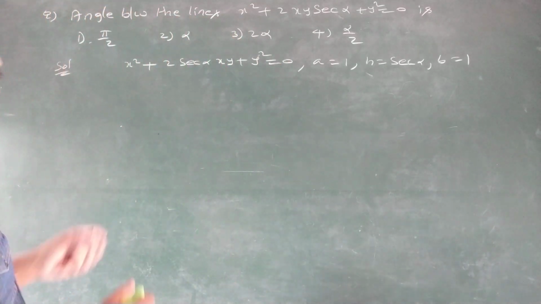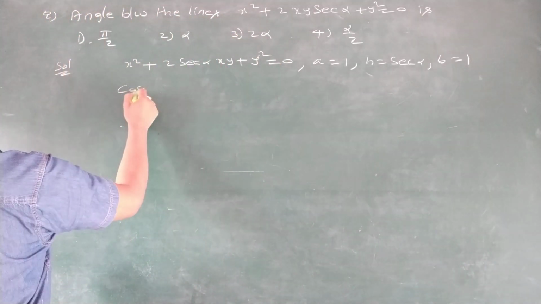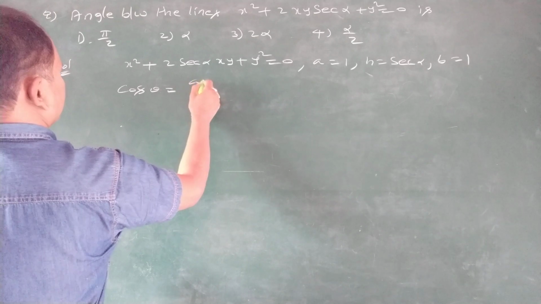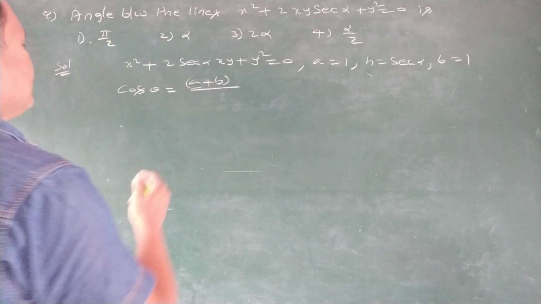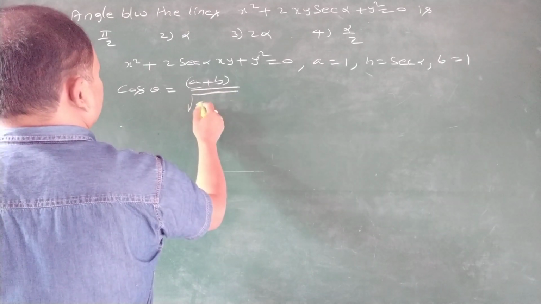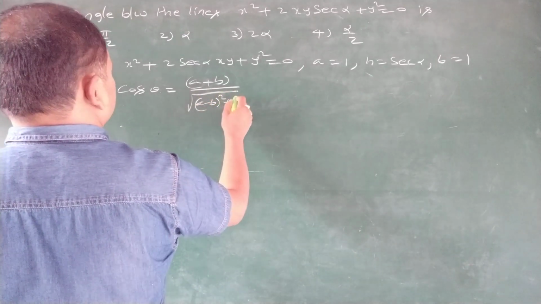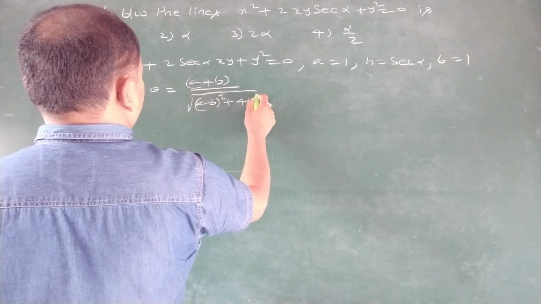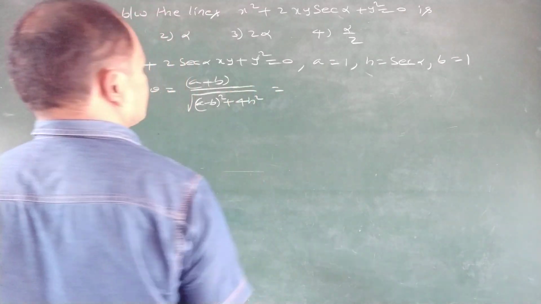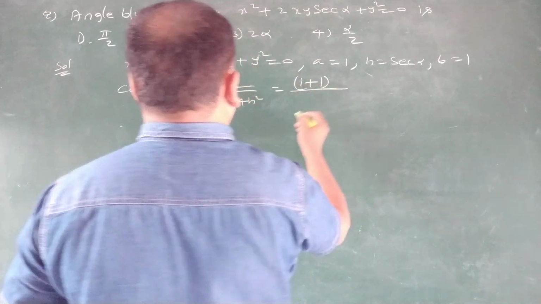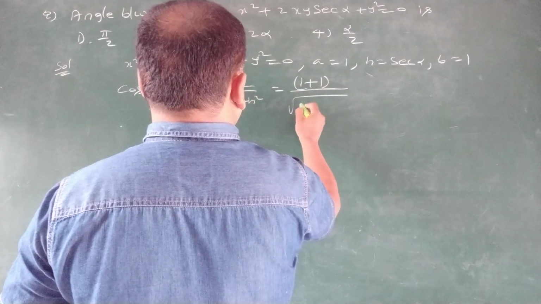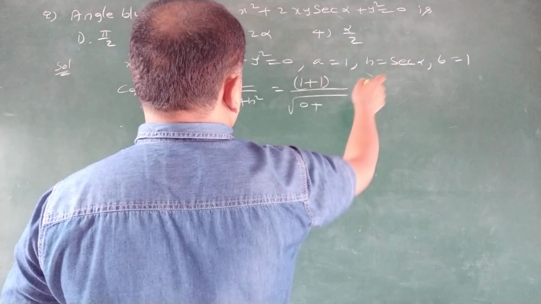Now the formula: cos theta is equal to (a plus b) by root of (a minus b) whole square plus 4h square. That's why it is 1 plus 1 by root of (a minus b, that is 0) plus 4h square.